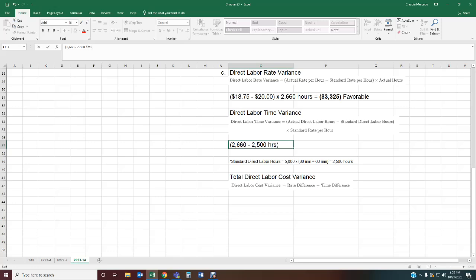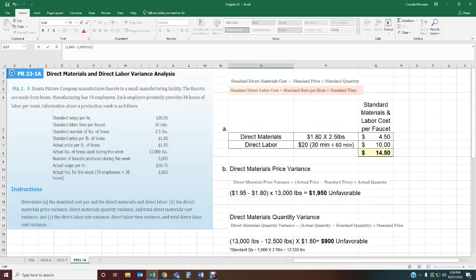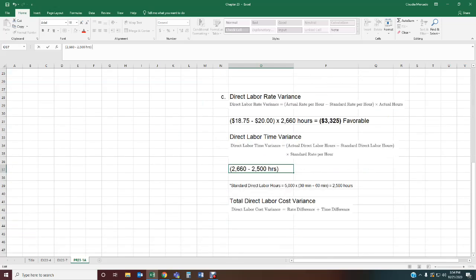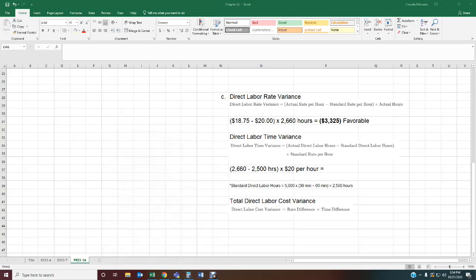And then I'm going to multiply times my standard rate per hour. My standard wage per hour is $20 an hour. So then what does that give me? I've got 2,660 as my actual minus my standard of 2,500. It's 160, and I want to multiply that by my standard rate of $20. That gives me 3,200. Now the number is a positive 3,200.